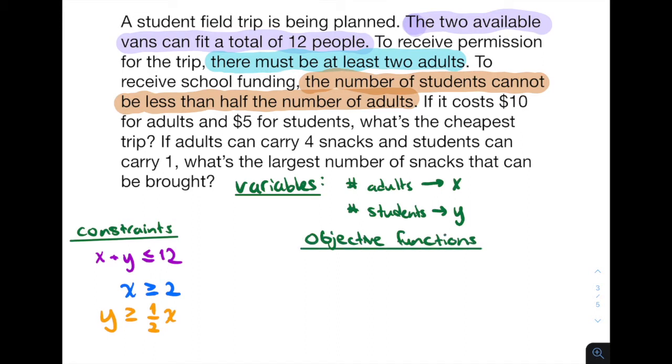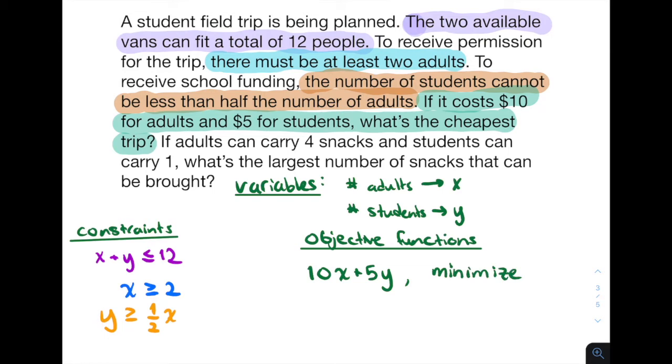Here we actually have 2 objective functions, and that's okay, we'll just do one at a time. The first tells us that is about cost, and we want to find the cheapest trip available. For each adult, it'll cost $10, and for each student, it will cost $5. And that's something that we want to minimize.